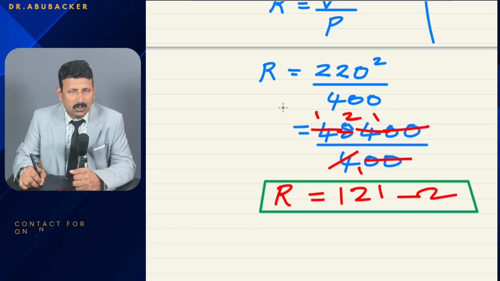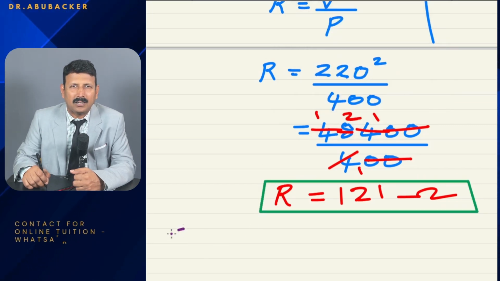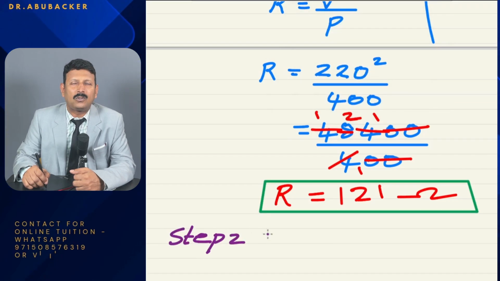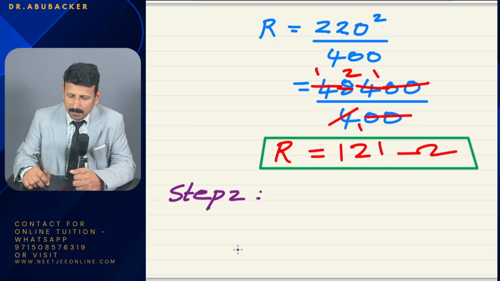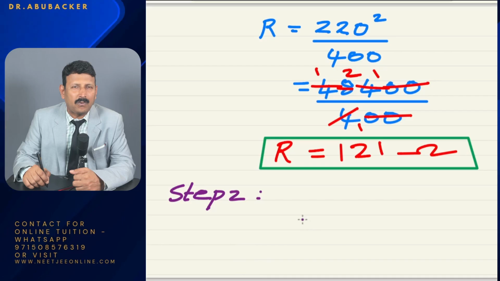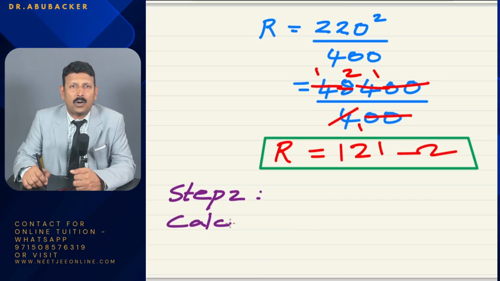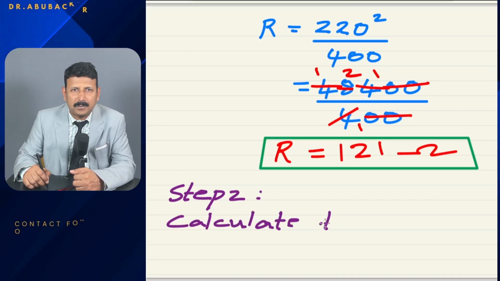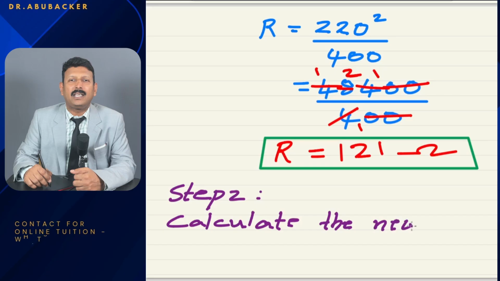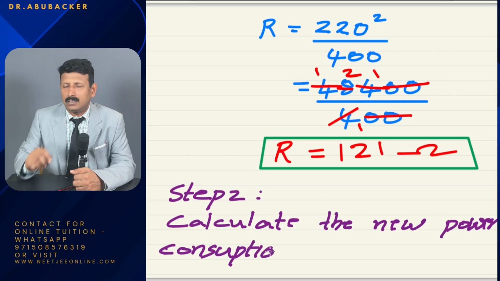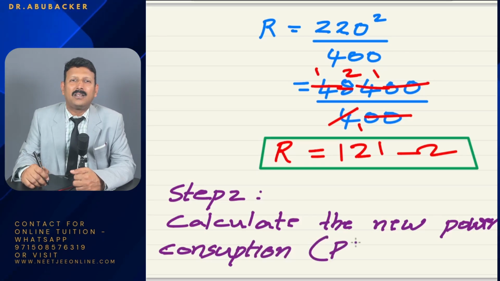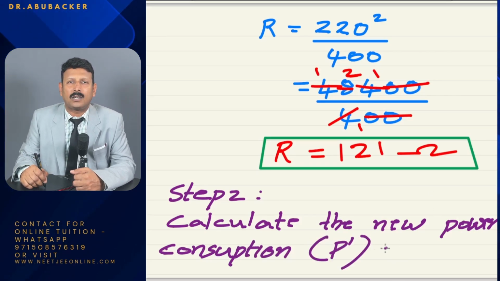Now we will be able to find the power delivered when the voltage dropped to 200 volt. The question is that one. So in step 2 we do that calculation. In step 1 we found the resistance of the coil. So in step 2, calculate the new power dissipation, or new power delivered, with voltage equal to 200 volt.